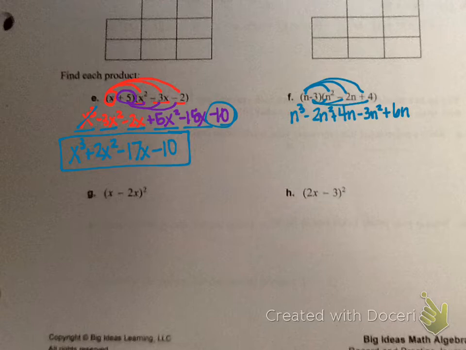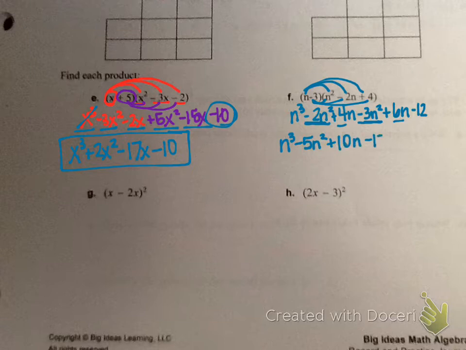Negative 3 times 4 is negative 12. We want to combine like terms. So n cubed stays, negative 2n squared and negative 3n squared makes negative 5n squared. 4n and 6n make 10n, minus 12.